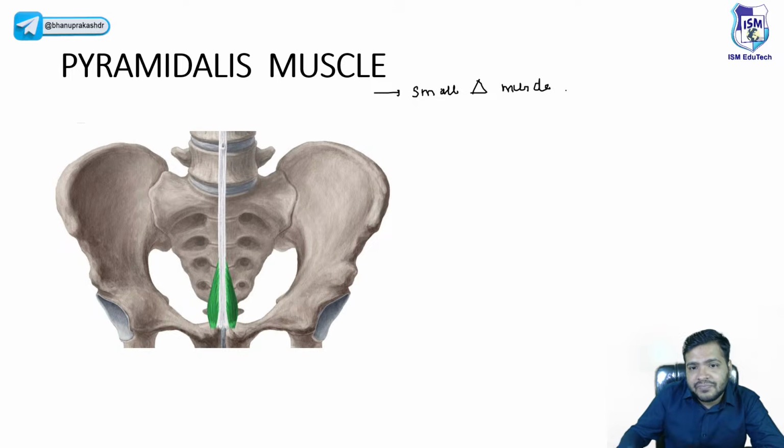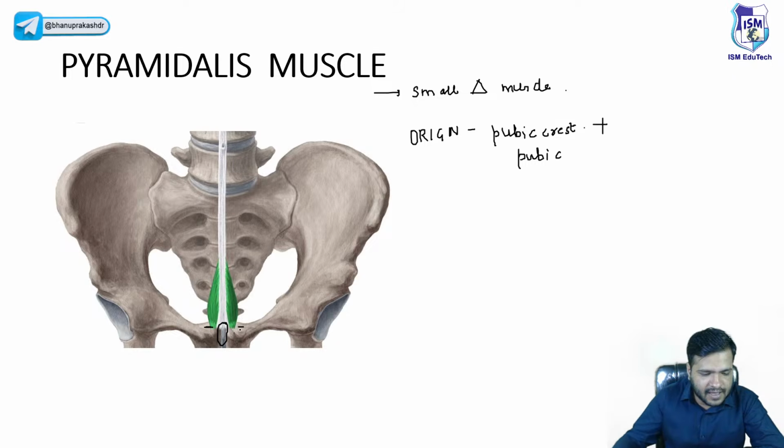The origin is from the pubic crest plus pubic symphysis. Can you see this? Pubic symphysis in between, and we have the pubic crest, right? So yes, pubic crest plus pubic symphysis, okay?